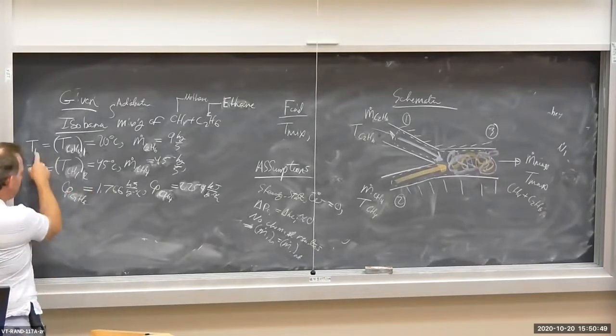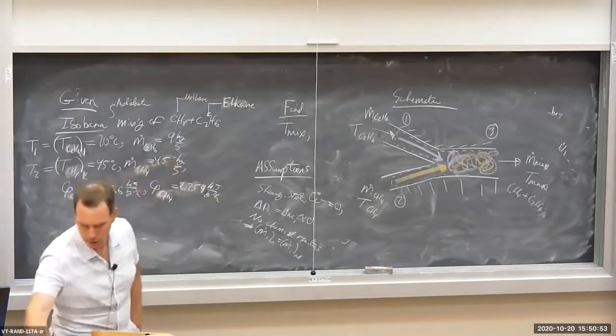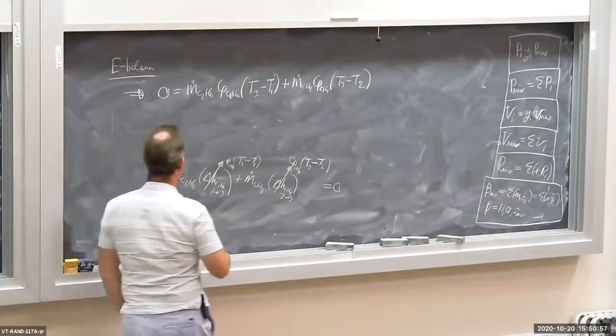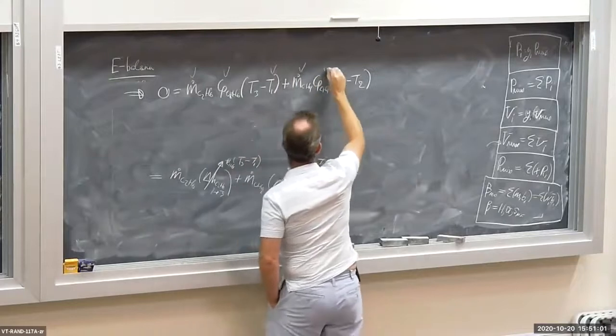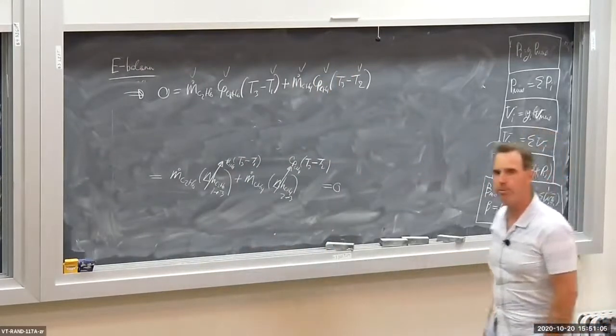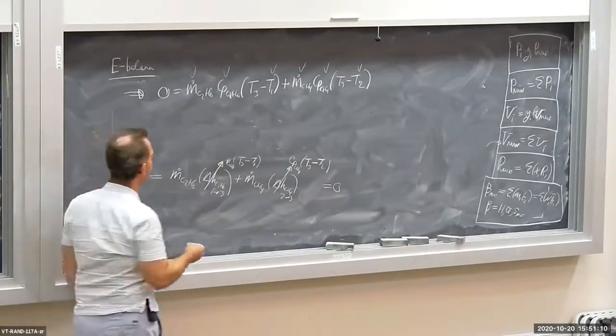So I have T1 and T2, I have the m dots, I have the specific heats. So I got one equation and one unknown. T3 is my unknown. Let's solve for the outlet temperature, T3, or my mixture temperature if you like.